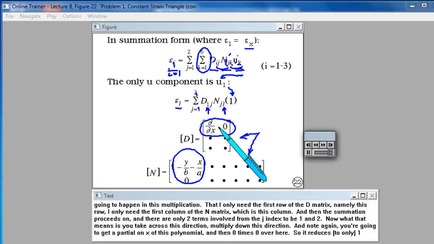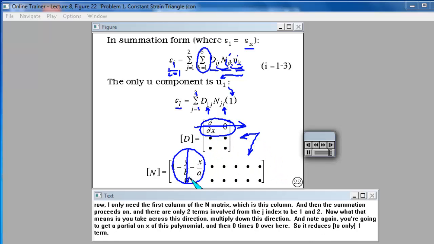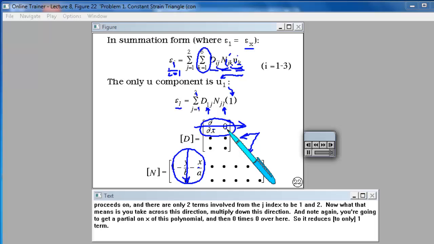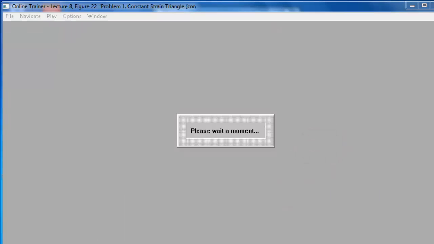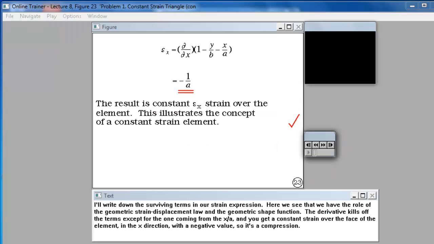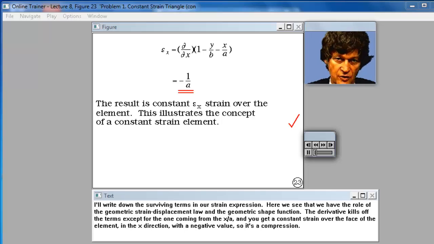Now what that means is you take across this direction, multiply down this direction. And note again, you're going to get a partial on x of this polynomial, and then 0 times 0 over here. So it reduces to only 1 term. I'll write down the surviving terms in our strain expression.